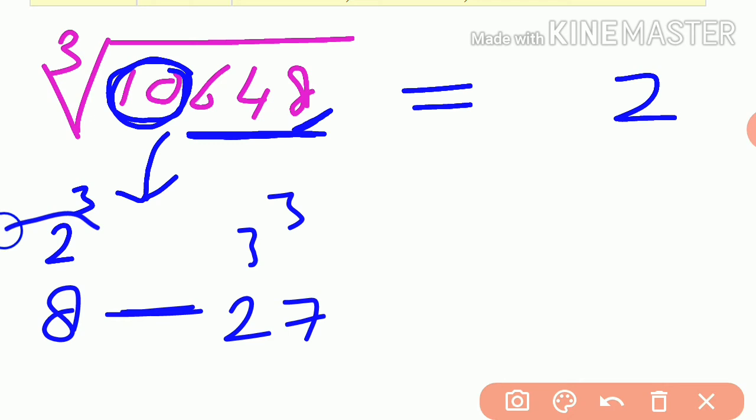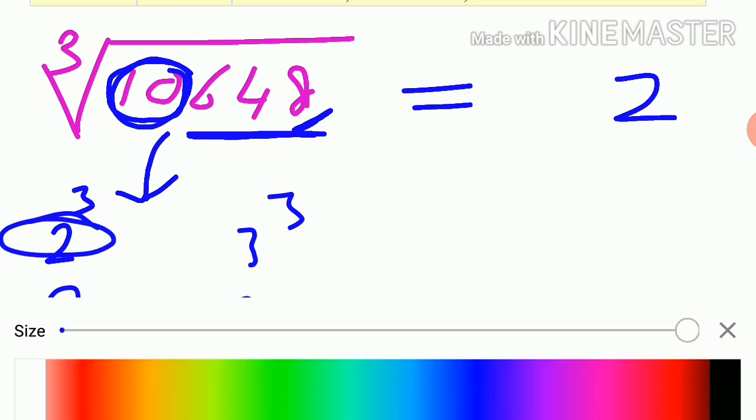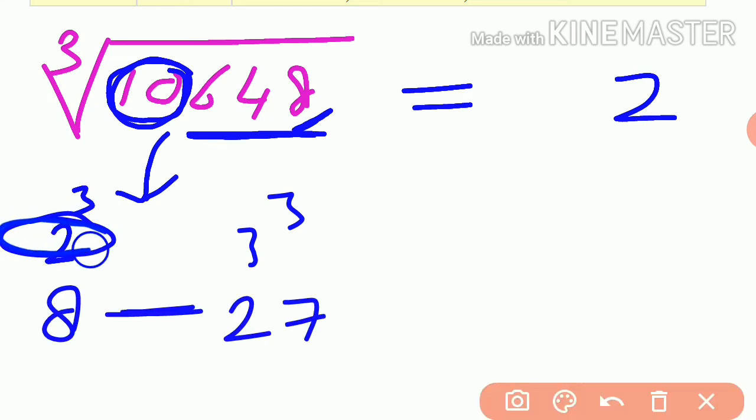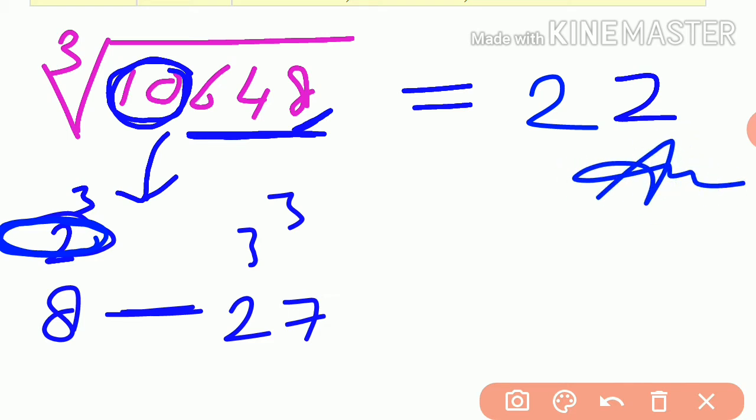We will write the smaller value, 2. In this way we can say that the cube root of 10648 is 22. That is the answer.